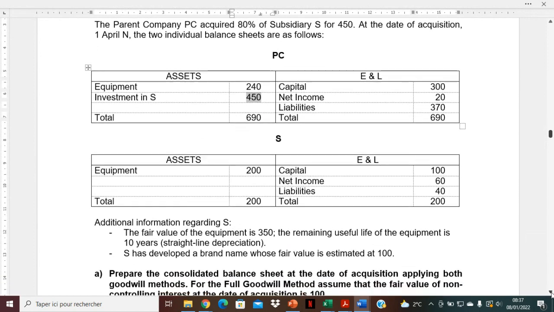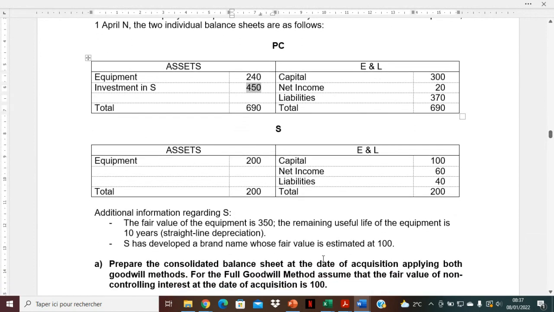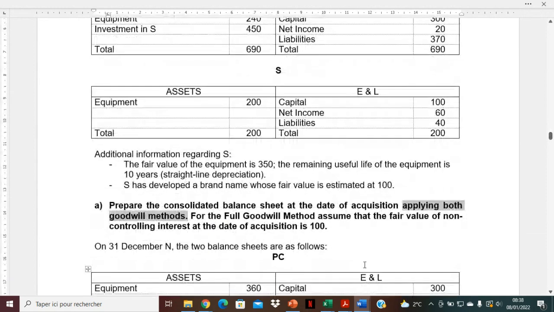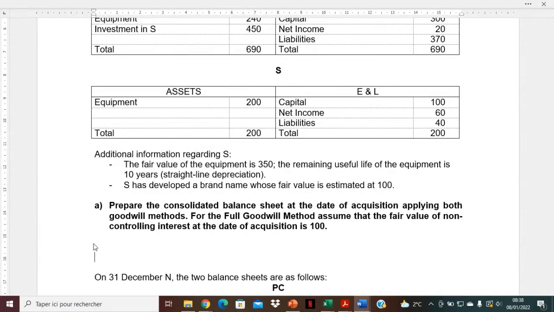Okay, so first requirement: prepare the consolidated balance sheet at the date of acquisition, applying both goodwill methods. So first thing we need to do is the purchase price allocation, of course. Well, so let's do this. Price allocation, and we will first use the acquired goodwill method.